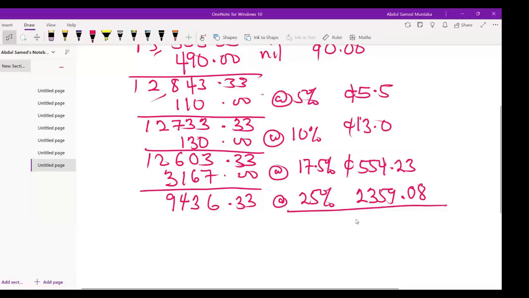That is 2,931.81. Good. So those of you who got this figure, well done. Those of you who didn't get this figure, find out where you went wrong and then correct yourselves.